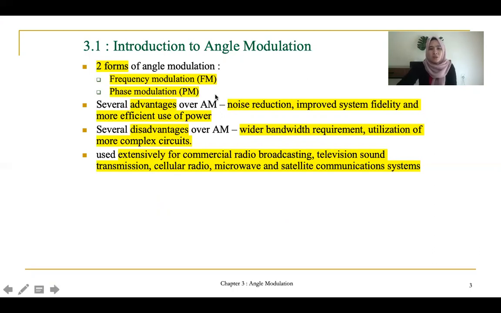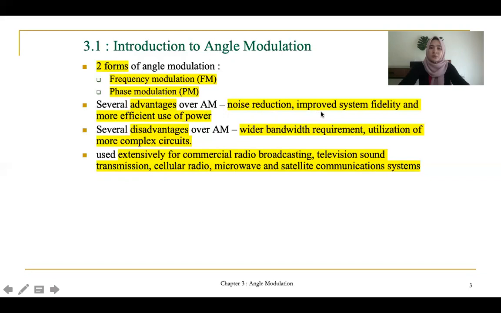When we talk about AM, it is referring to amplitude modulation. It's not referring to angle modulation. For angle modulation, we usually refer to it as FM or PM. So AM here is amplitude modulation. So this is the first advantage, noise reduction. It has a lower noise compared to amplitude modulation.